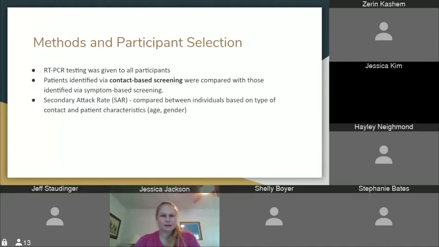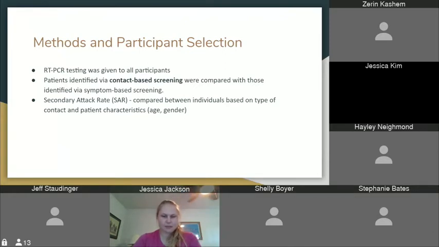And so, as I just stated, the RT-PCR testing was given to all of the participants. And patients were then categorized into whether they had been identified via contact-based screening or via symptom-based screening. Most of the primary group was identified via symptom-based screening.